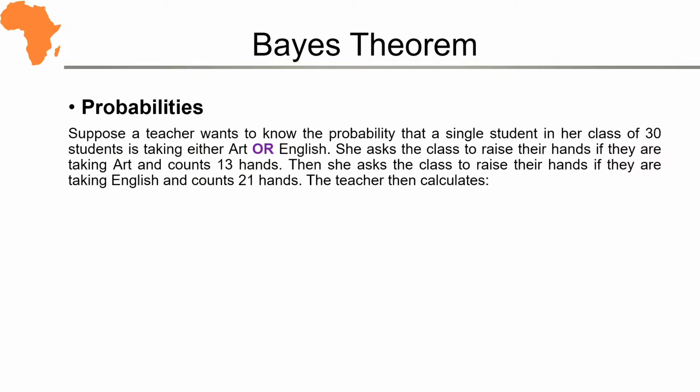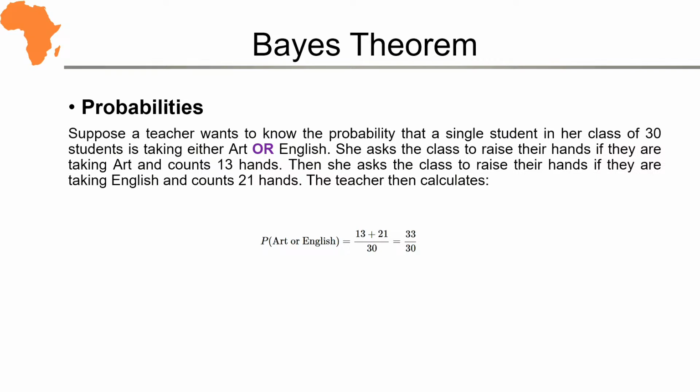It is the probability of art minus the probability of not taking art, right? So, probability of art or English, you end up at that.